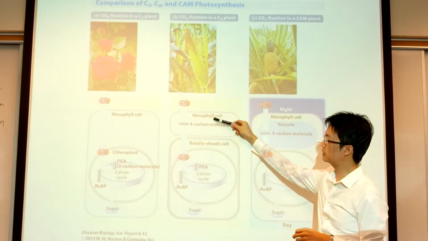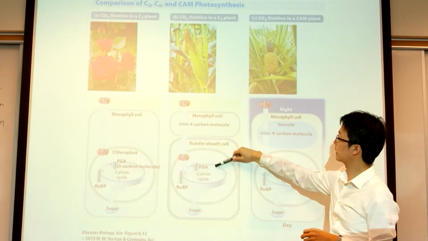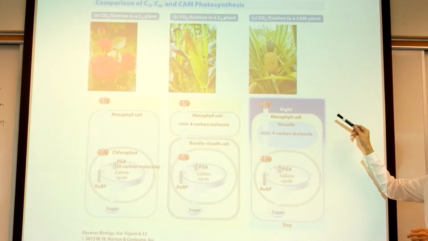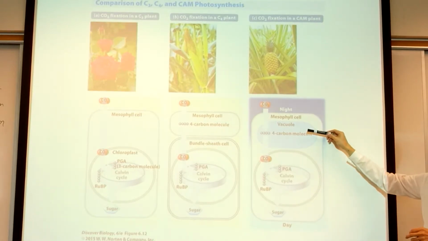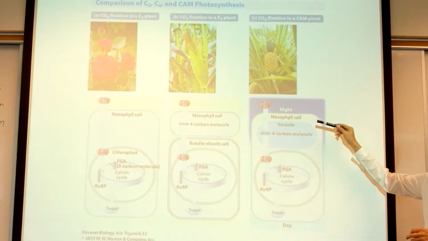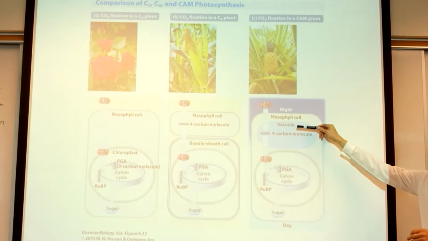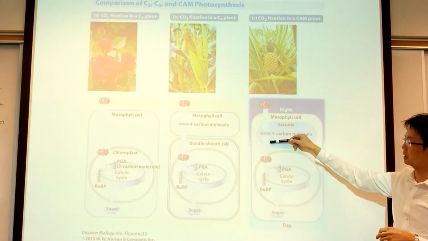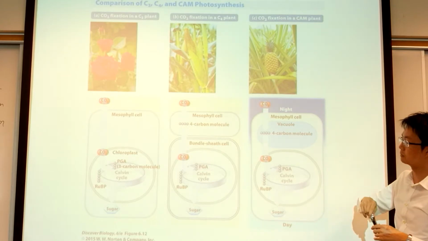So you can see that it is done in 2 different compartments. And the CAM plant is even better because they do it in a vacuole, so that they can actually store the carbon dioxide as a 4-carbon molecule, and then it will be released to do the Calvin cycle.